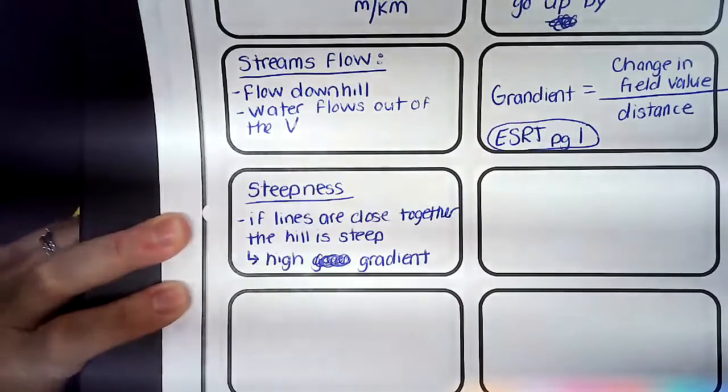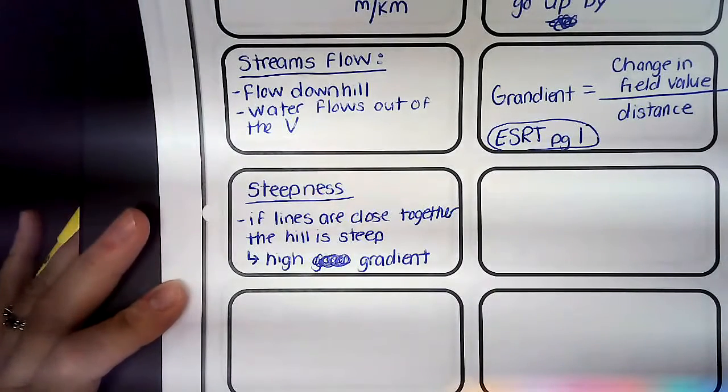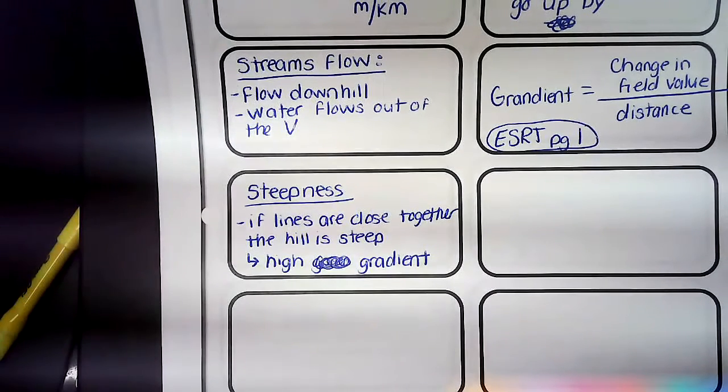So if we were to actually calculate the gradient on the southern side of that hill, it would be a bigger number than if we calculated it on the northern side of the hill. That's what gradient is. It's the steepness of the hill.